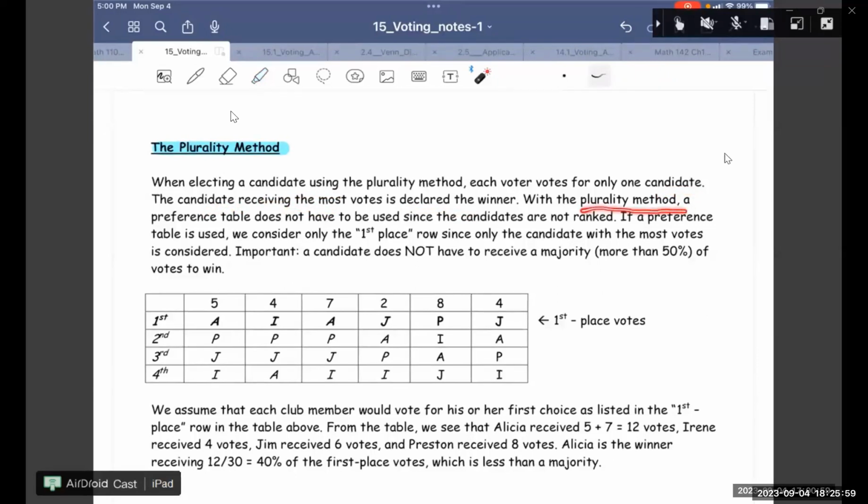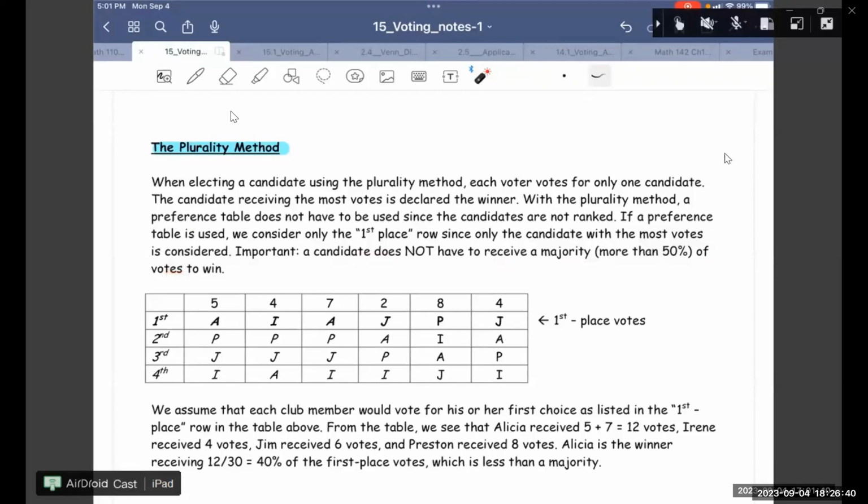With the plurality method, the preference table is used considering only the first-place row, only the candidate votes, and it is important to note the candidate does not have to receive the majority, more than 50% of the votes, to win.